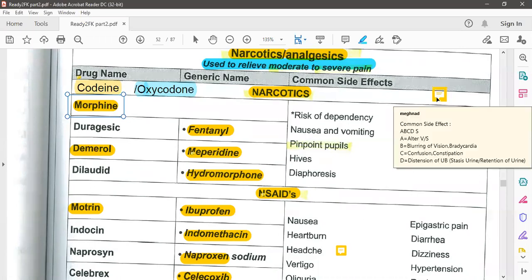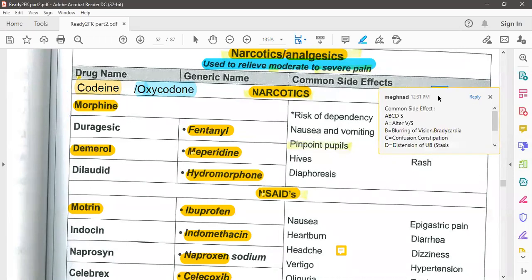The common side effects of all of these: they can cause altered vital signs, meaning hypotension, bradycardia, right?